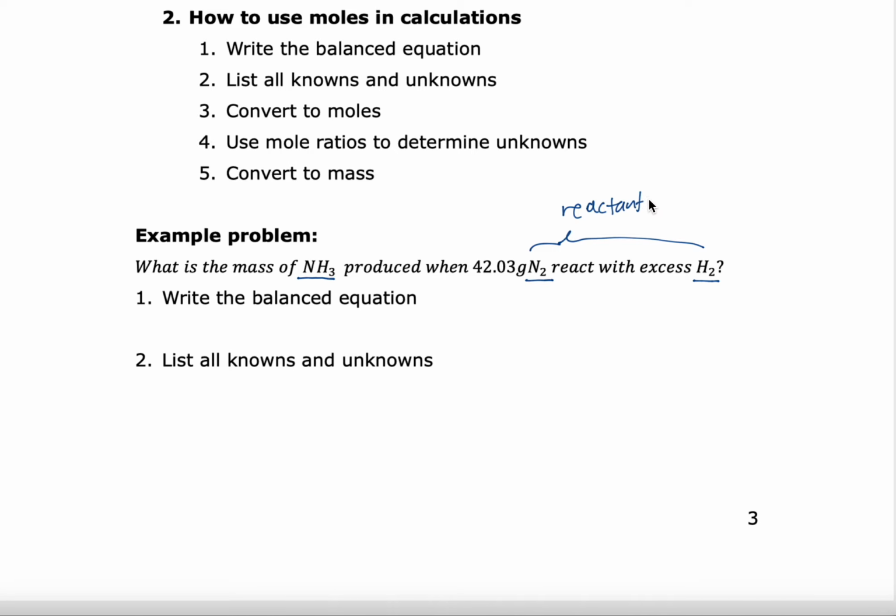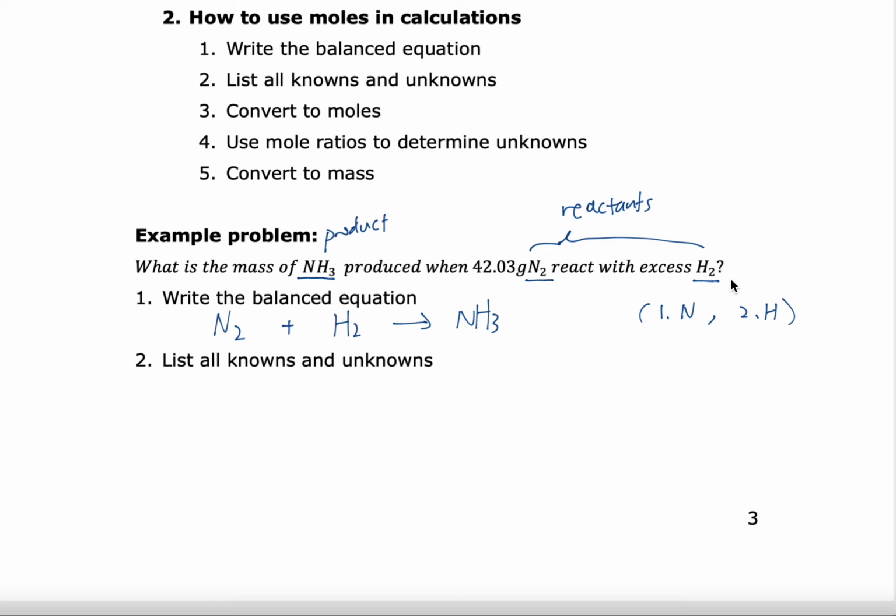Okay, so let's firstly write down the balanced equation, identifying your reactants and the products. We have only one product, NH3, and your reactants on the left-hand side are N2 and H2, producing NH3. But this equation is not balanced, so you need to balance the equation. I would just suggest you to balance nitrogen first and hydrogen next.